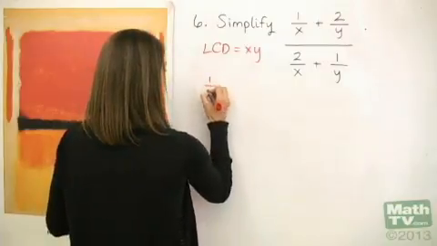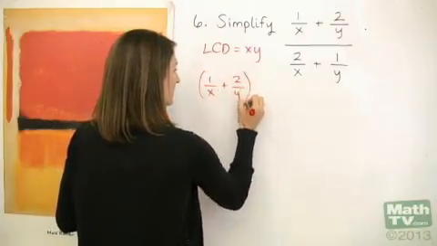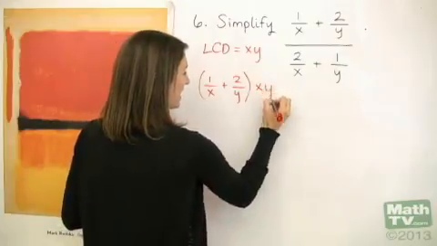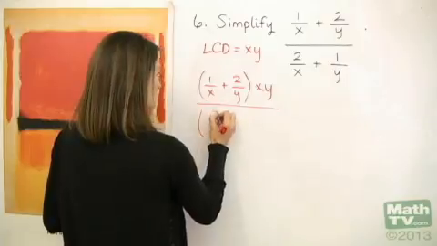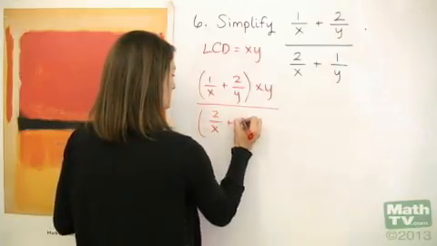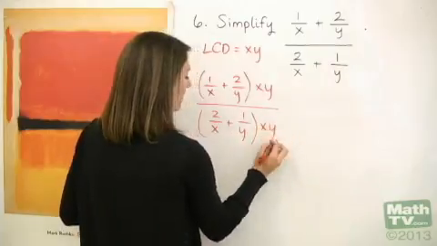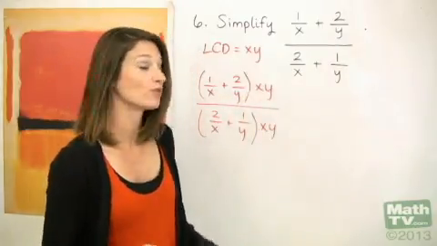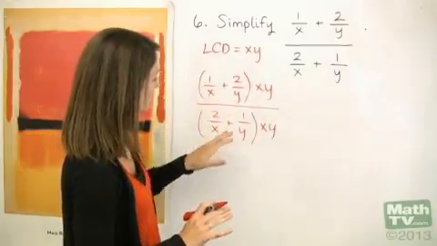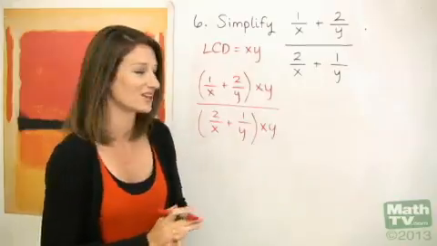So we have 1 over x plus 2 over y multiplied by xy, our LCD. That's all over 2 over x plus 1 over y, also multiplied by our LCD. So now we just distribute this expression over each term within the parentheses of our numerator and our denominator, simplify, and we'll find our answer.